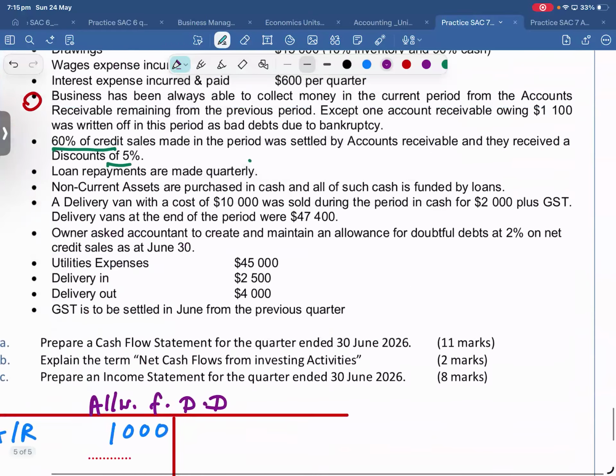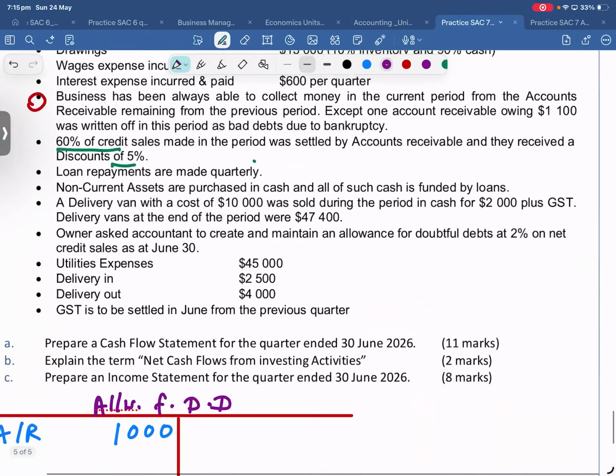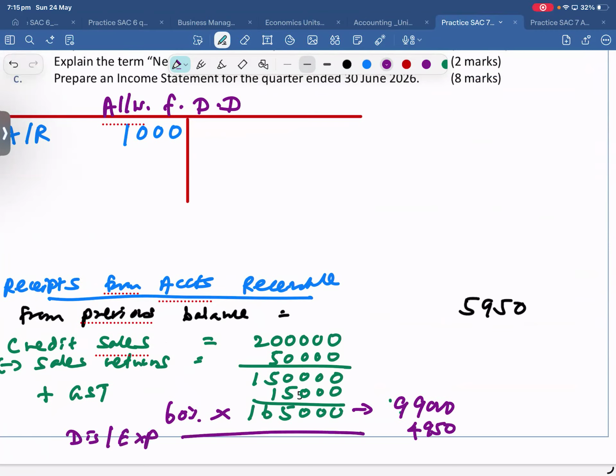Then what's the next part? They are getting a 5% discount. So how much is a 5% discount on this? 4,950. Discount expense 4,950. Then take away this. How much is the difference? 94,050.